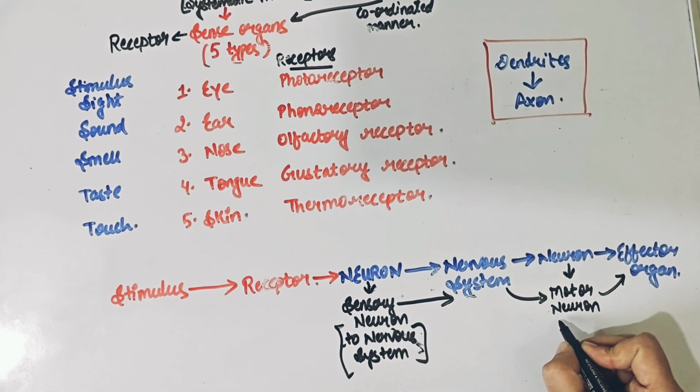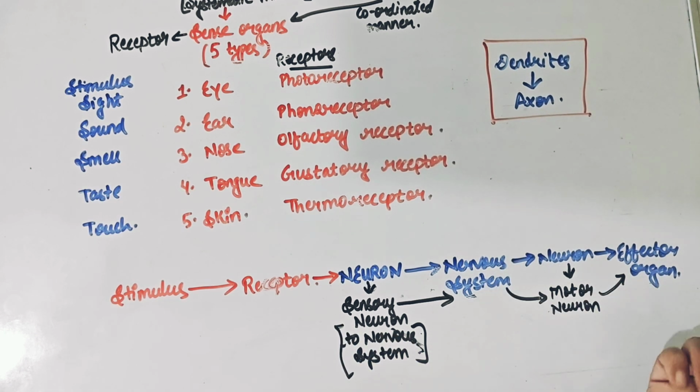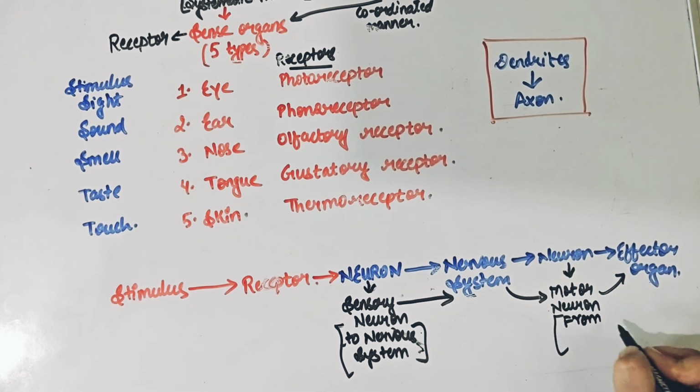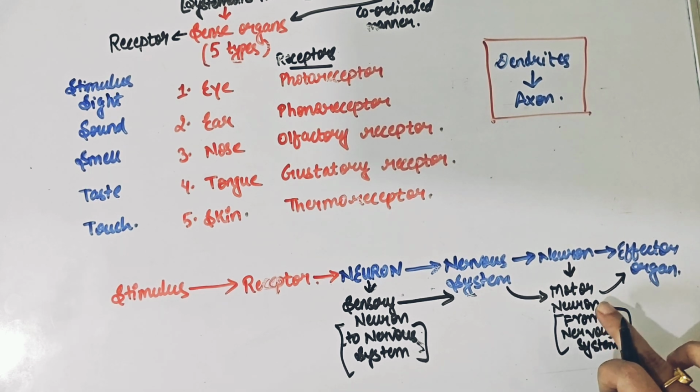These are the ones which are going to send the message from the nervous system. So after analyzing what your nervous system has to do, once the information from the nervous system is taken up and sent to the effector organ, this job will be done by the motor neuron.